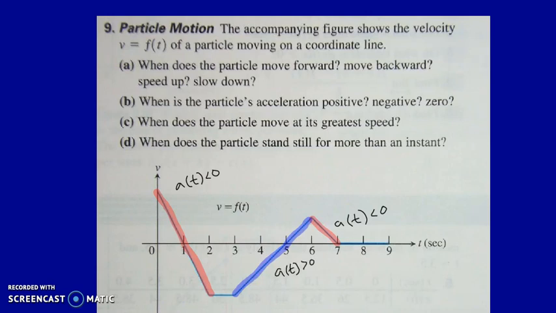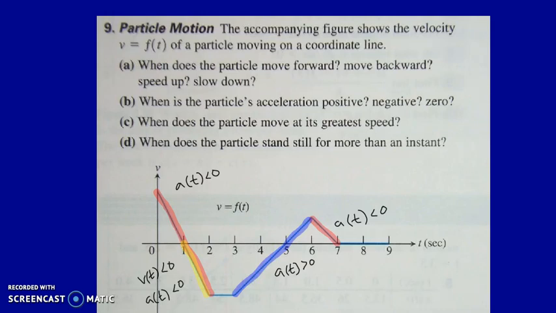So if you remember from earlier in the video, I said that from 0 to 1, velocity is positive, and from 1 to 2, velocity is negative because it's below the horizontal axis. So from 1 to 2, velocity is negative and acceleration is negative. So my particle is speeding up in the interval from 1 to 2.